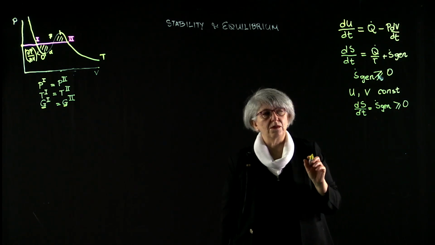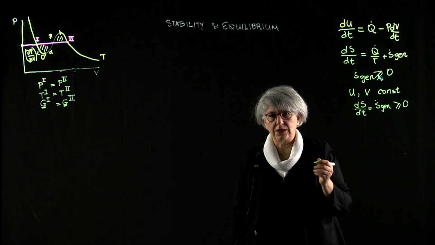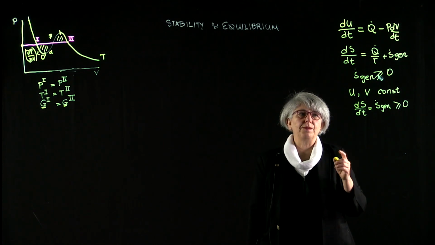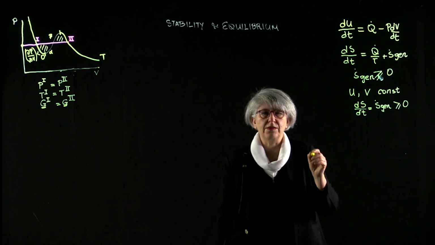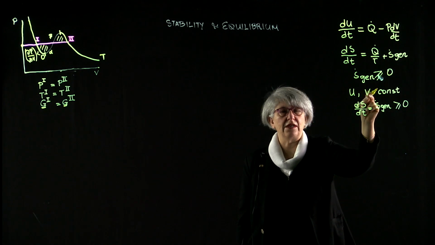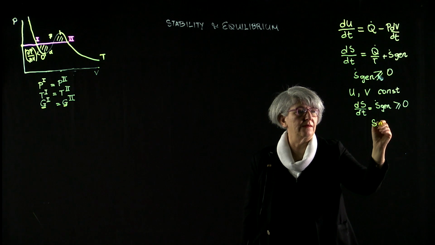All right, so the equilibrium condition where we have the entropy as the constraint led us to the point that under constant internal energy and constant volume, entropy should be maximized.